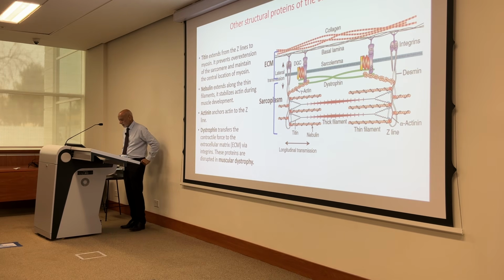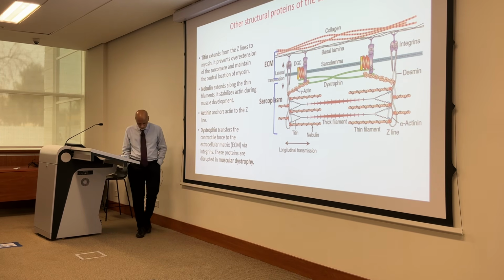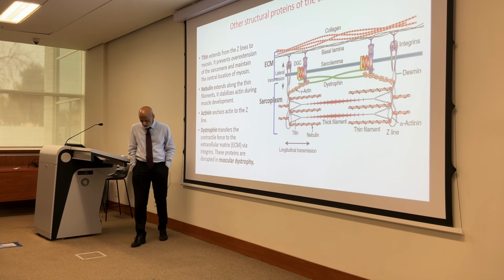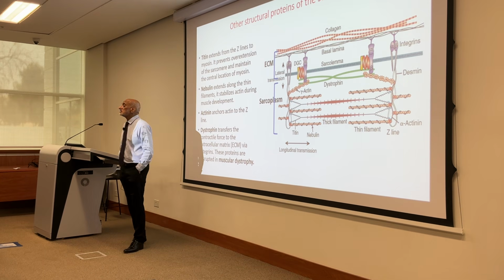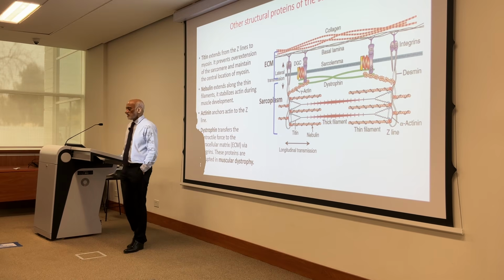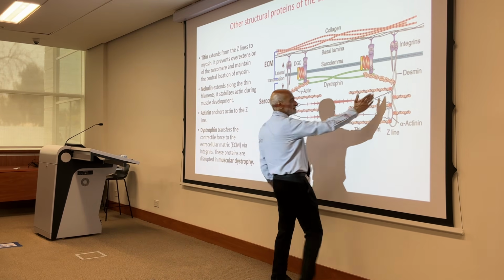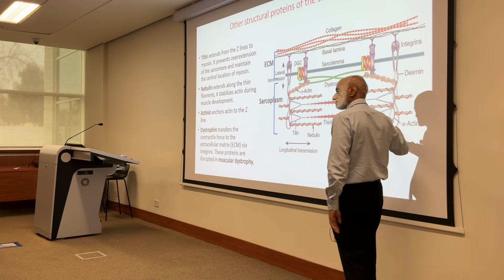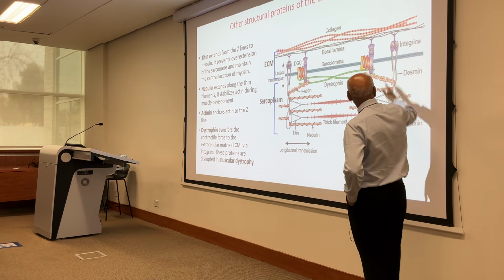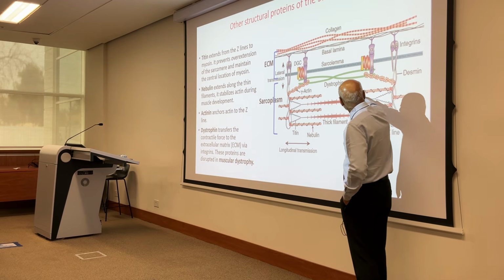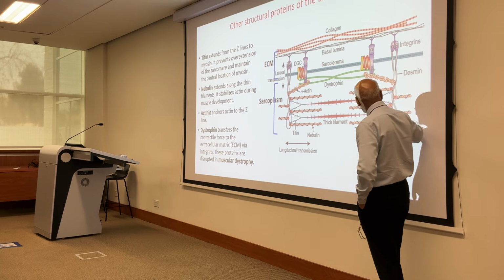Now, because you're becoming doctors, we need to complicate your life a little bit more. There are some other proteins here. So if you're looking at one sarcomere, there's a Z line and there's a Z line. Attached to the Z line is actin, there's another actin, there's another actin.